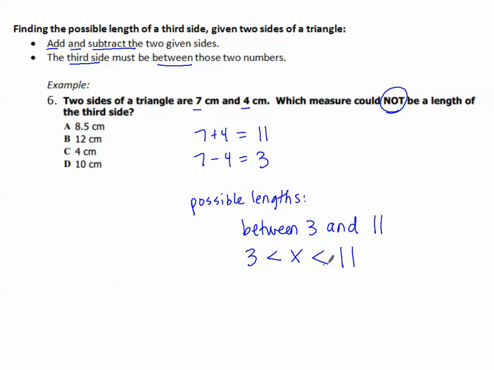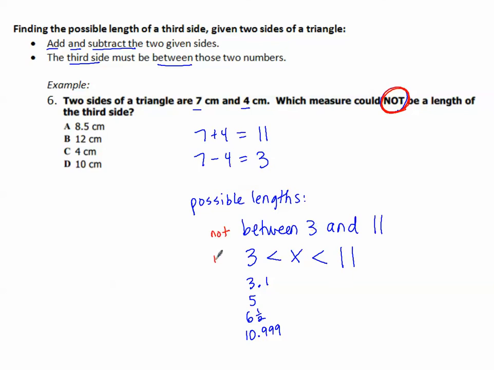So any possible lengths between 3 and 11? 3.1, 5, 6.5, 10.999. Anything between those is a possible answer. Now remember, this one said which could not. So we're looking for the answer that is not between 3 and 11.